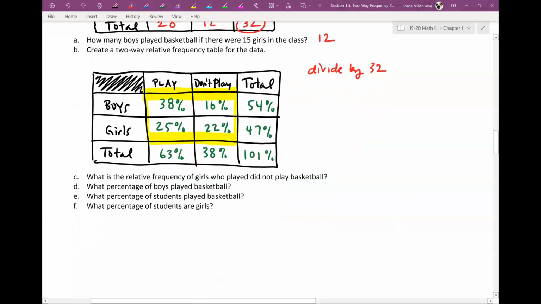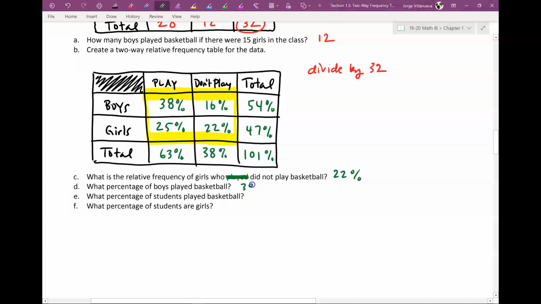It says, what is the relative frequency of girls who played? I think this is who did not play. This is a typo, okay? So get rid of that. So what is the relative frequency of girls who did not play basketball? So 22%, okay? What percentage of boys play basketball?